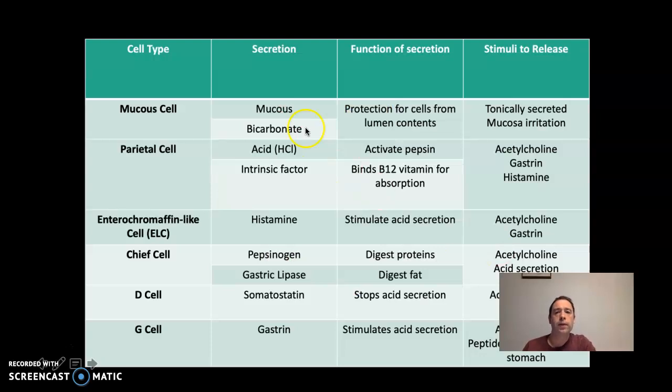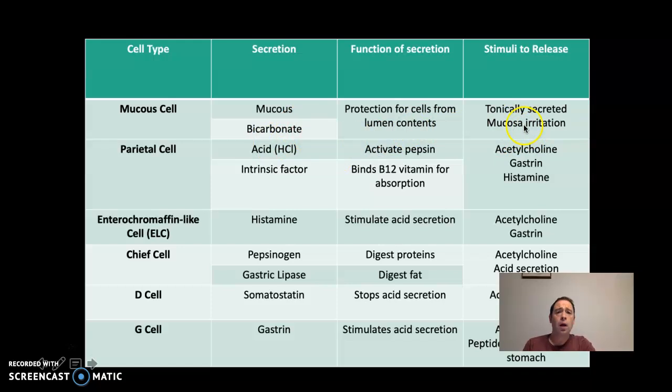Specifically, if we were to look at the cell types that make up the gastric gland, there are 6 listed here in the first column. Their secretions are listed in the second column, and the functions of these secretions are in the third column. Mucus cells make 2 protective secretions, mucus and bicarbonate, which help to protect the epithelial cells from the luminal contents of the stomach.